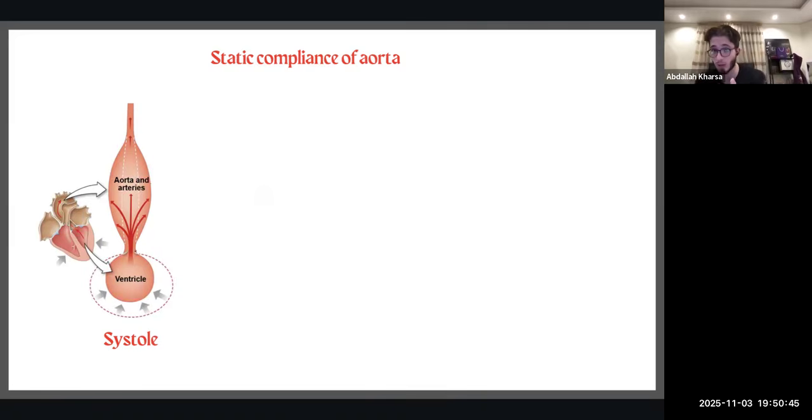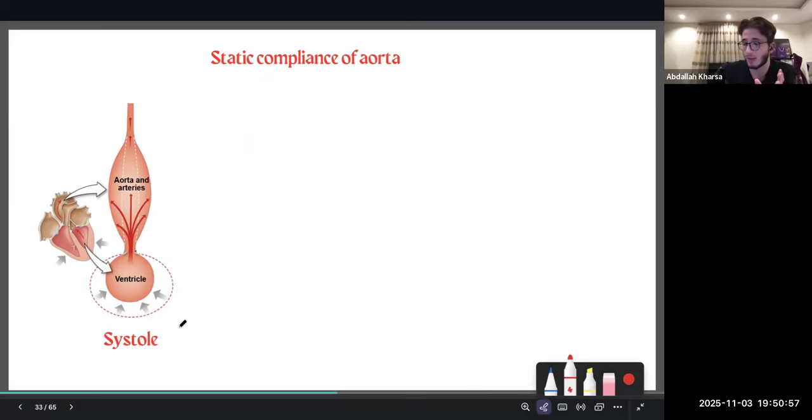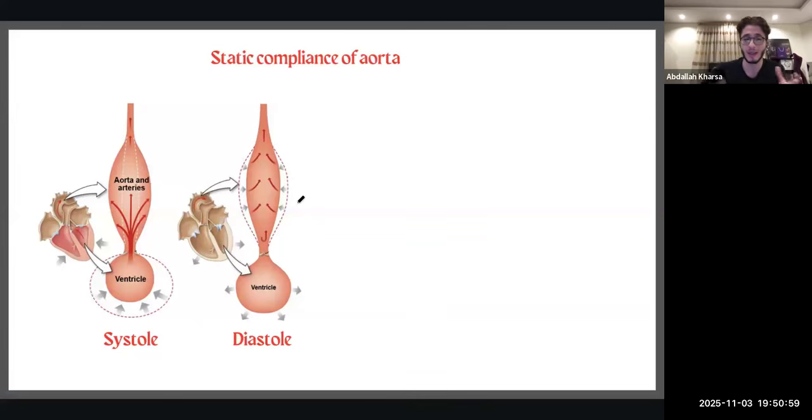I know that we said that the arteries have less compliance than the veins, but the aorta has a certain amount of compliance that allows it to accept the blood when the ventricle is contracting, and when the ventricle is relaxing, it recoils. It's pretty much moving opposite of the heart. When the heart pumps, the aorta accepts the blood. As the heart is relaxing, the aorta recoils back and pushes the blood forward.